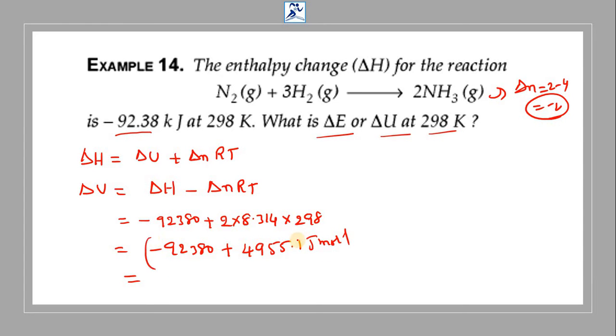Upon simplification you will get minus 87,424.8 joules per mole, and it can be converted into kilojoules. The kilojoule answer will be approximately minus 87.425 kilojoules per mole. So this is the answer for this question.